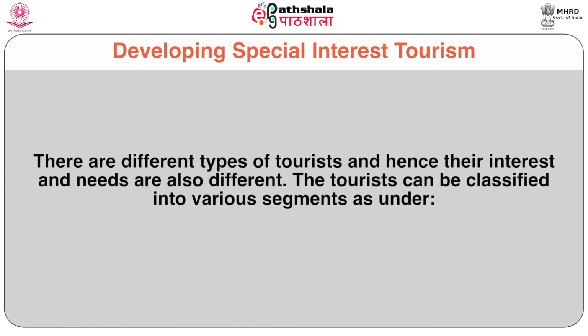Tourists can be classified into various segments as under: by product, mass market or special interest; by nature of activity, active or passive; location preference, coastal, rural, city, mountains, lakes; duration of trip and distance traveled, day trip, weekend break and annual holiday; by purpose, business or pleasure; by age or socio-economic group, we can say backpacker, DINKs, SINKs, both DINKs and SINKs, empty nesters, boomers, youth.